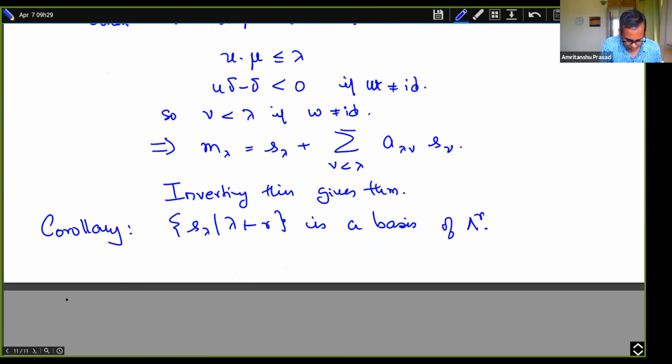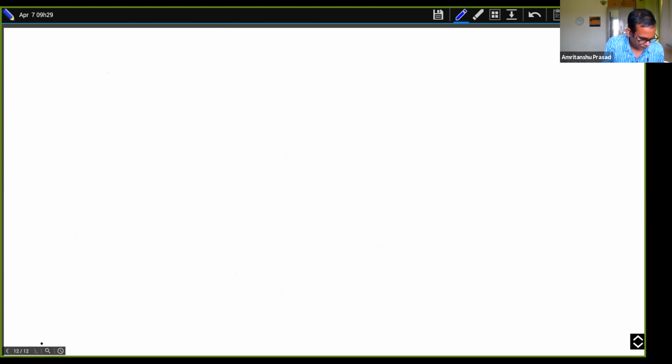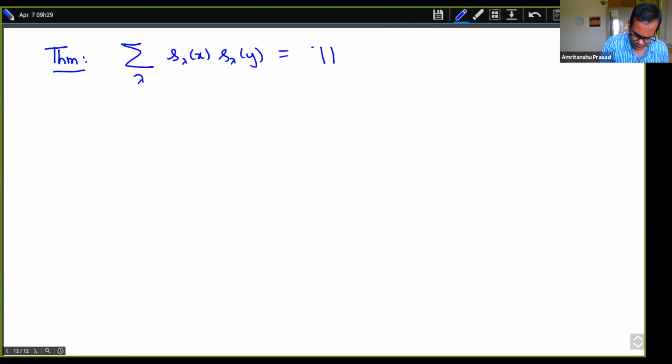Now what is so special about this basis of Schur functions is that the inner product of s lambda and s mu is delta. What this means is that this basis is a self-dual basis. In other words, it's an orthonormal basis.